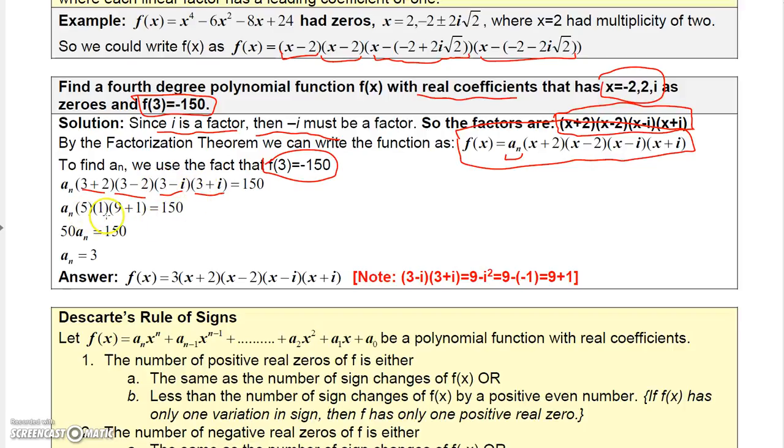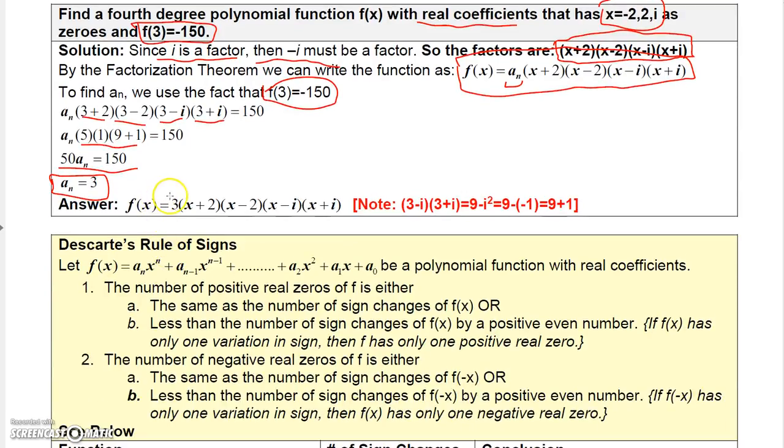So you're going to have 5 times 1 times 10. So this is going to equal 50. So I'm going to have a sub n times 50 equals negative 150. So then I can just divide both sides by 50 and get that a sub n equals negative 3. And so that coefficient has to be negative 3. So it's going to be negative 3 times all of this.